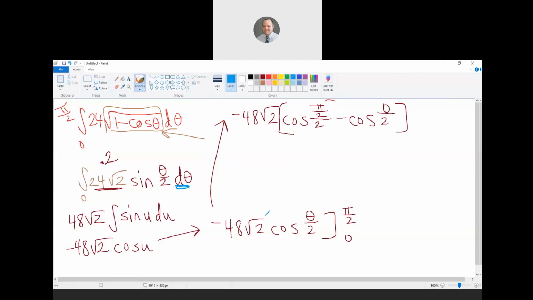Now, when you simplify the complex fraction pi over 2 over 2, that is actually pi over 4. Cosine of pi over 4 is square root of 2 over 2. And cosine of 0 is 1.